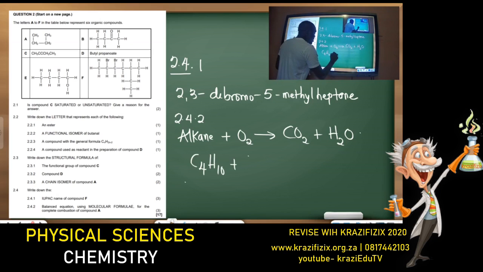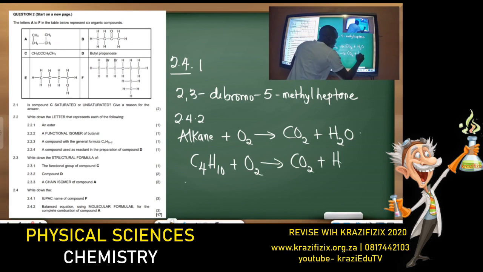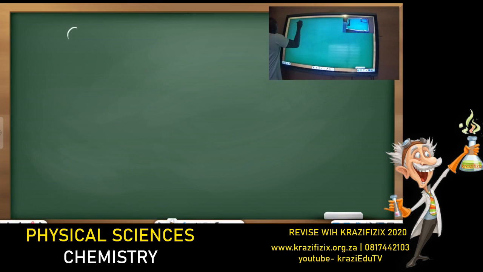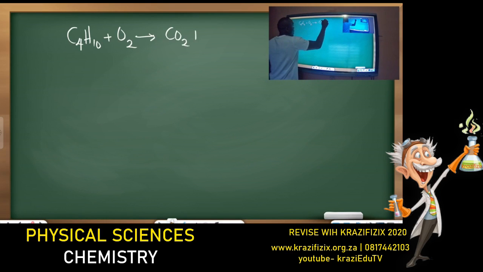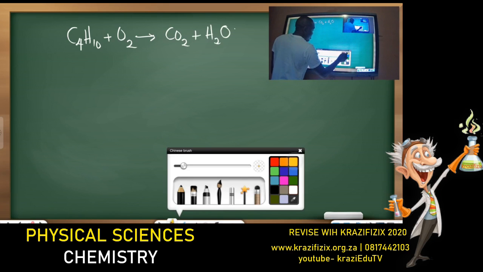I like to do something very crazy here. Let me go to a new page. I have C4H10. Remember, no matter the alkane, it will give you carbon dioxide and water. This is what I do. It's very crazy, but it only works for this reaction.